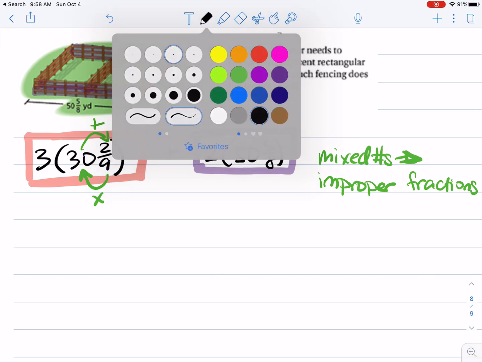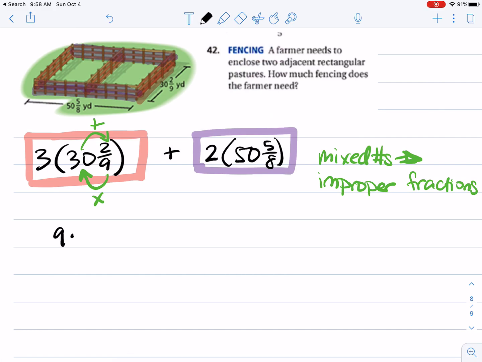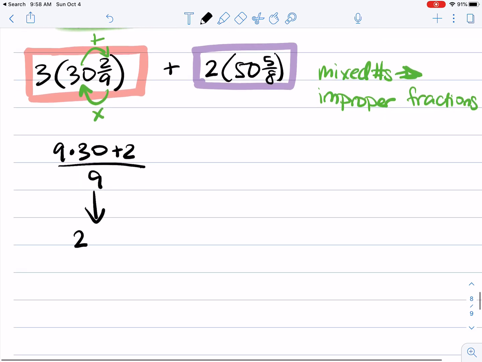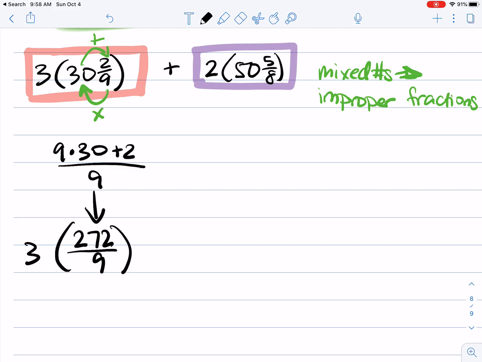So that turns into 9 times 30 plus 2, all of that over 9, and that is 272. 272 over 9, and we're going to multiply that by 3. So that's the first one. Second one, we need to do the same thing.